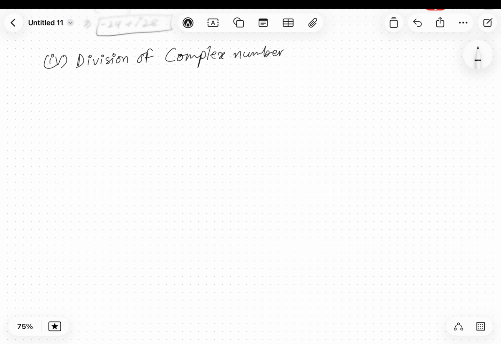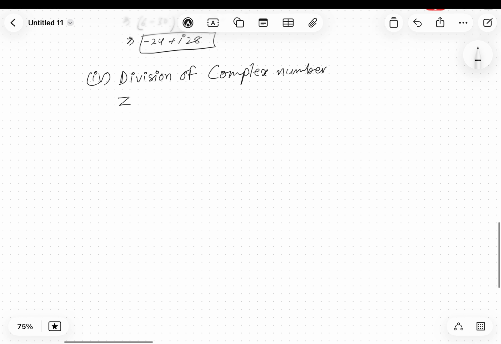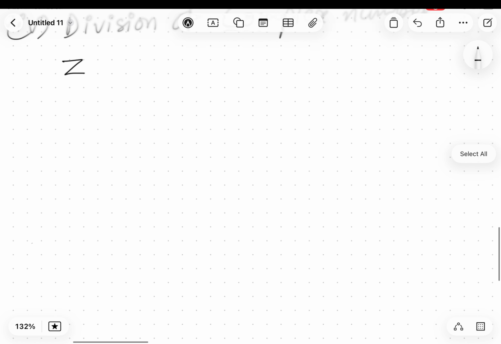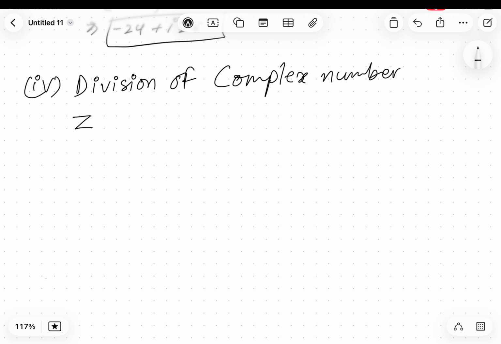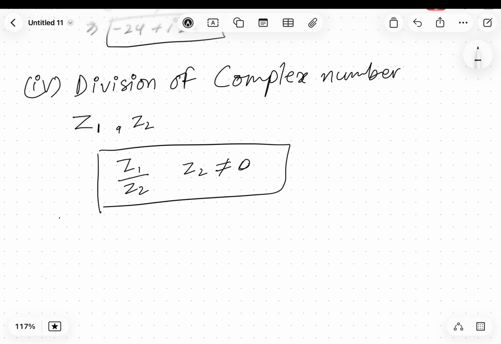So what happens here, if we have, let me just zoom it, if we have z1 and we have z2, and we want to find out z1 by z2, there is a condition that z2 cannot be 0. This is the first thing.